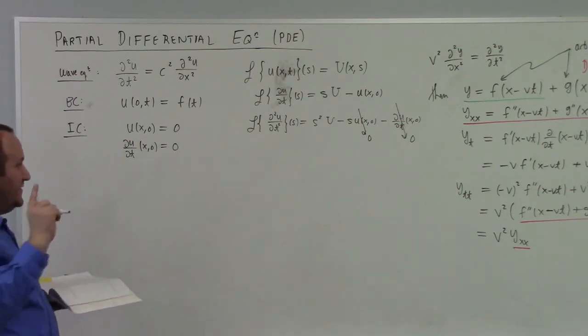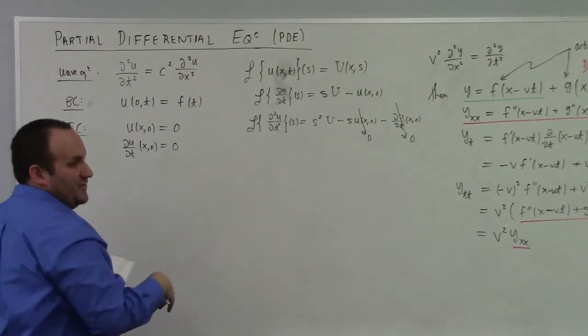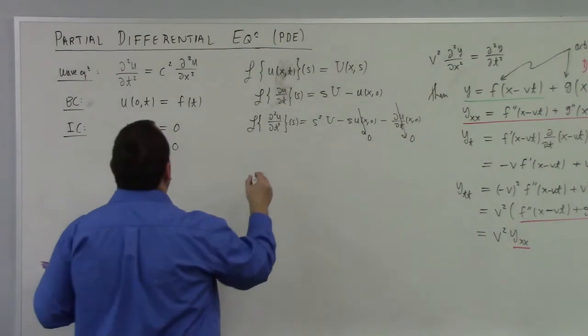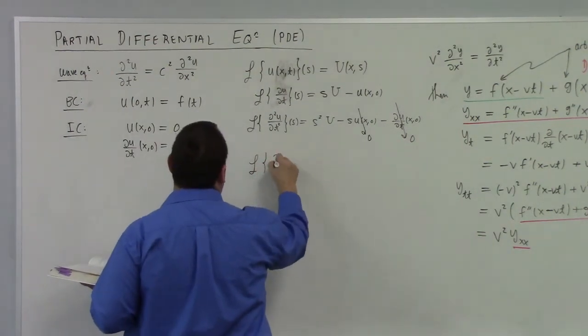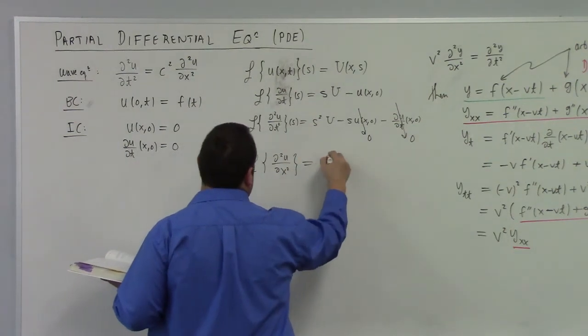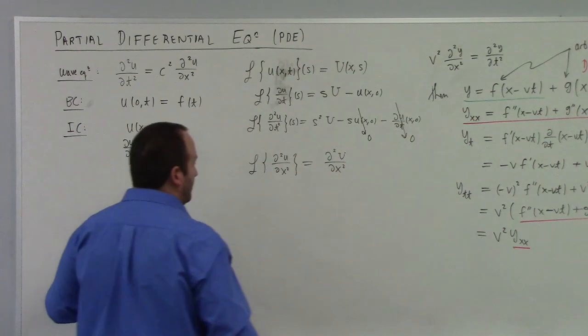Okay, so then here's the flip side. Basically, when you think about taking the Laplace transform of the partial derivative with respect to the variable which is not transformed, you can bring the derivative inside the transform. So the Laplace transform of partial squared u partial x squared is just the partial derivative of the transformed variable with respect to x squared, just the same.